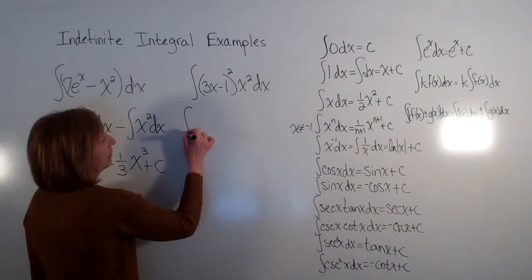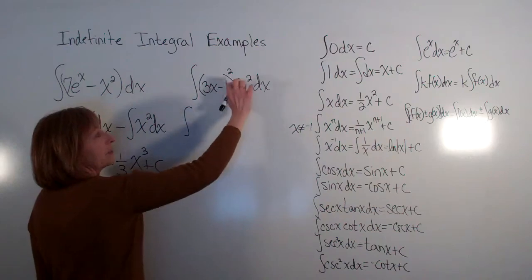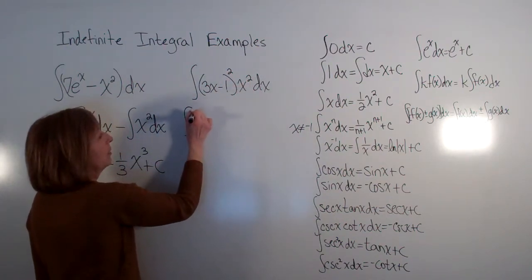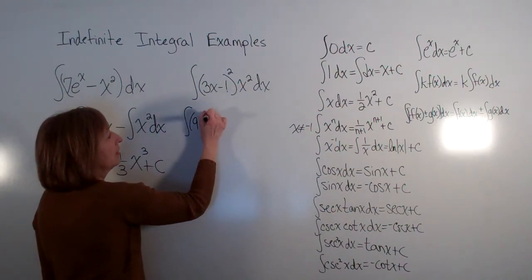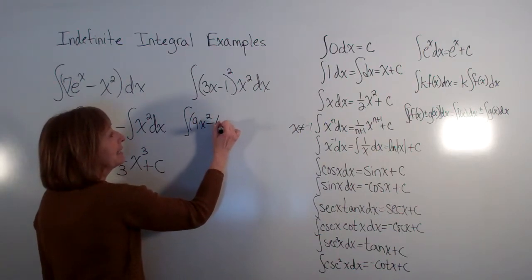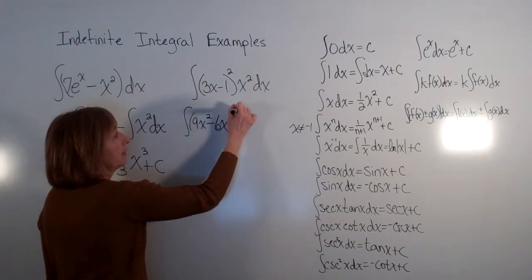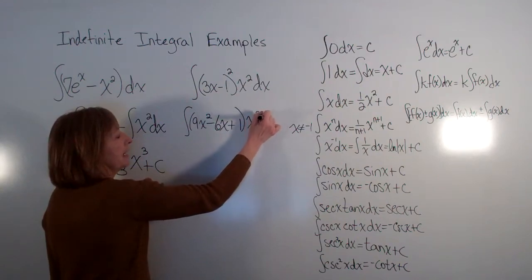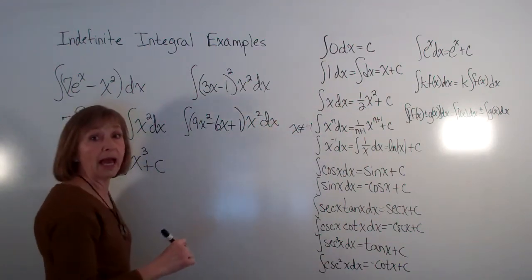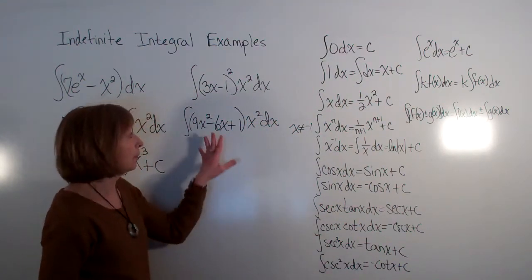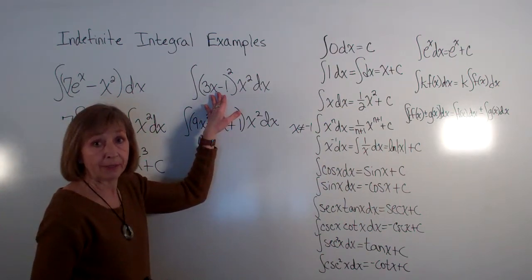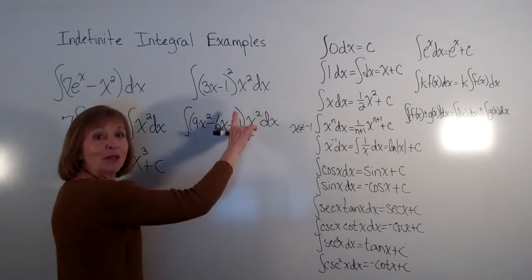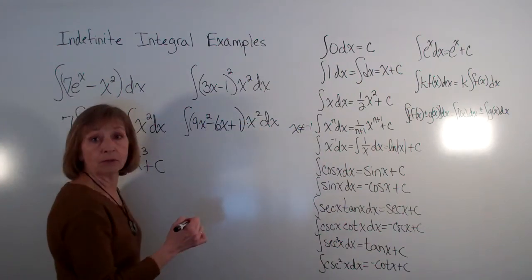So this is the integral. Taking this 3x minus 1 and squaring it, we get 9x squared minus 6x plus 1, and then times x squared dx. So remember, you have to do the extended distributive property when you're squaring out that binomial. Now, multiply through the x squared, because that's still multiplication.